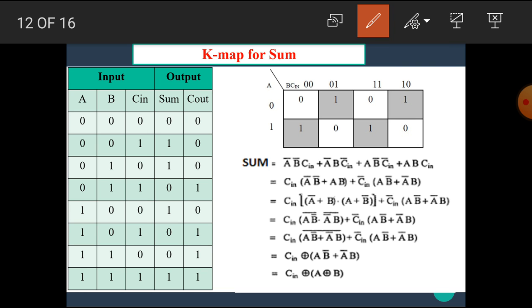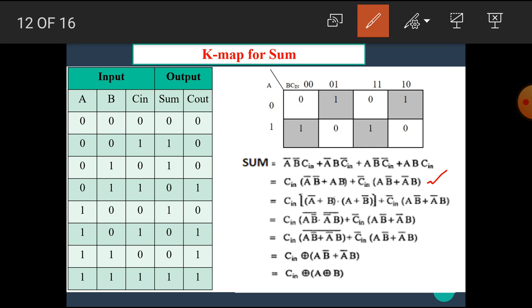Now after getting the equations, try to find the common terms. Between the first and last terms, C in is common, hence we get C in (A bar B bar plus AB). Similarly, in the other two terms, C in bar is common, hence we write C in bar (A bar B plus A B bar).